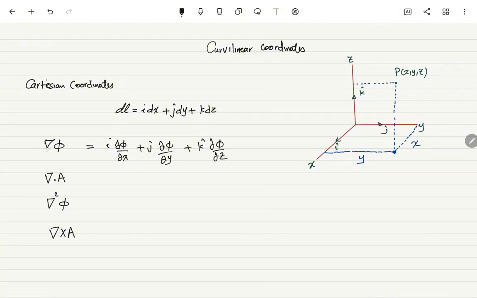Remember the del operator is i hat partial partial x plus j hat partial partial y plus k hat partial partial z, and phi here is a scalar quantity.